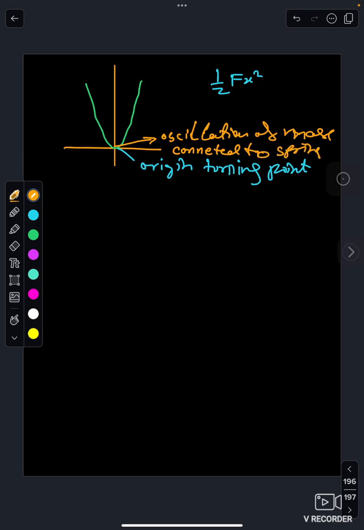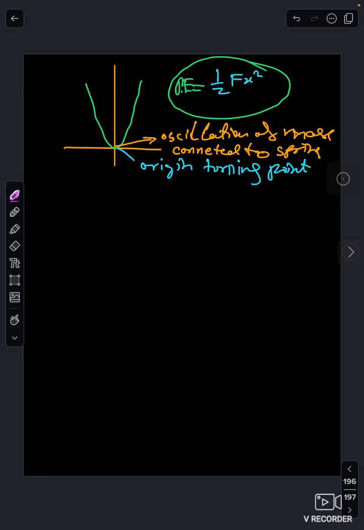Okay, so this is how the mass will move up and down in motion. So now that we know this is the potential energy, or if I write it exactly, the elastic potential, the potential energy in terms of the spring.